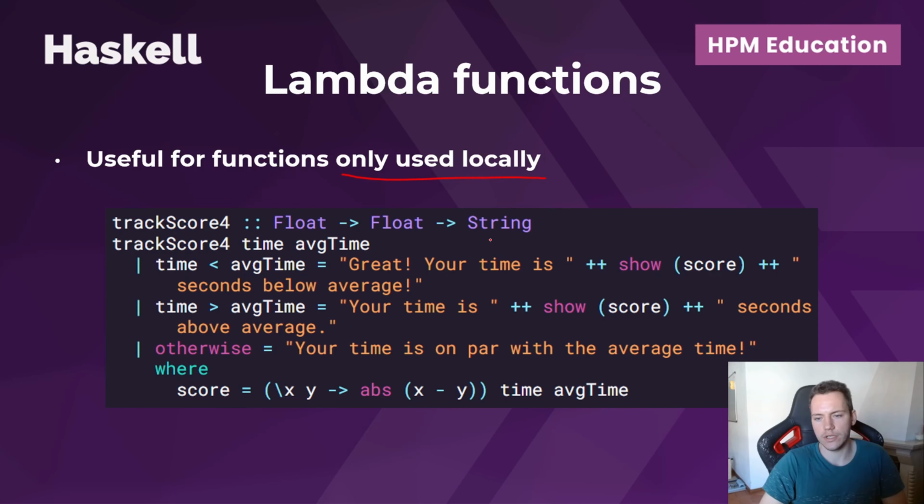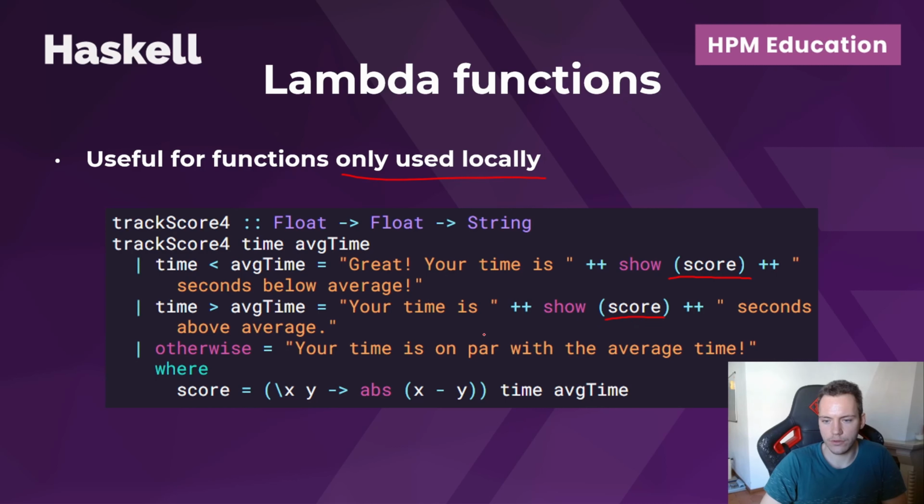Okay, so just to show how we could use a Lambda function in actual code, here's the track score example using a Lambda function this time, to, instead of calculating the score in each of the if cases, we just have the score variable defined as a local definition, and it's calculated with a Lambda function.